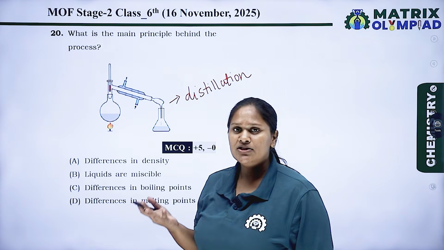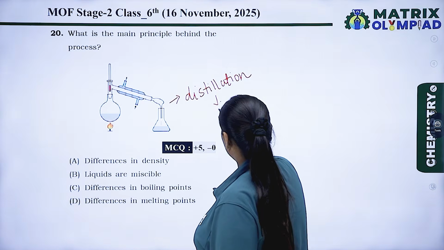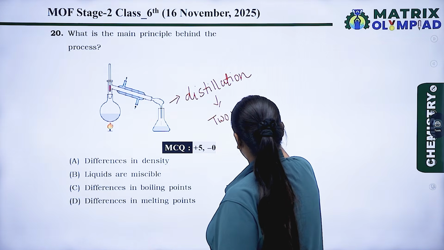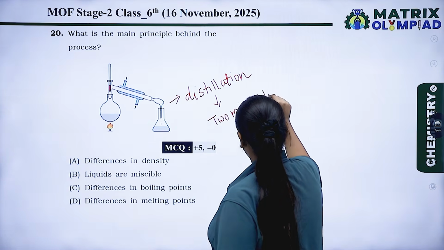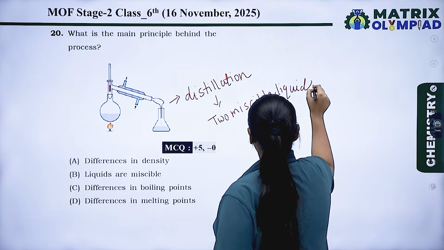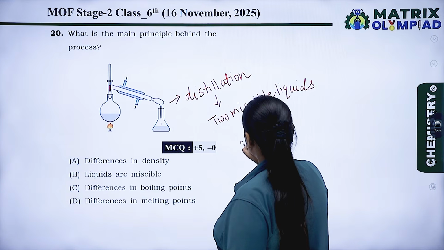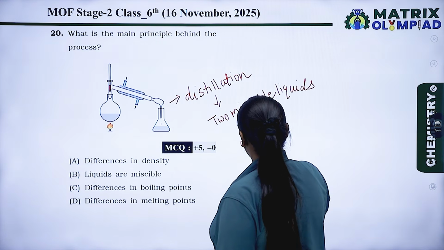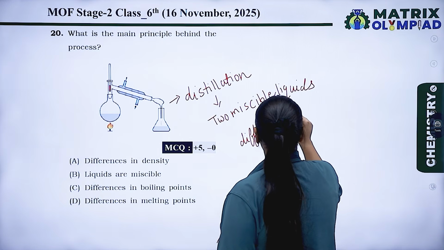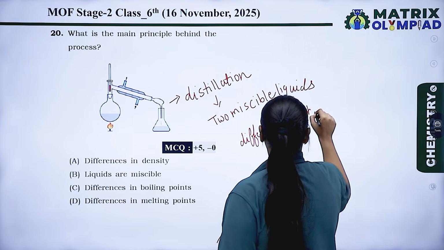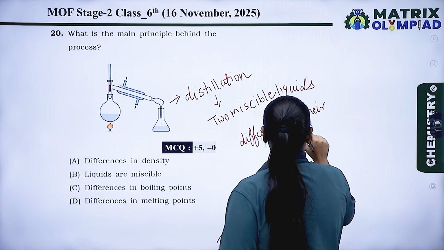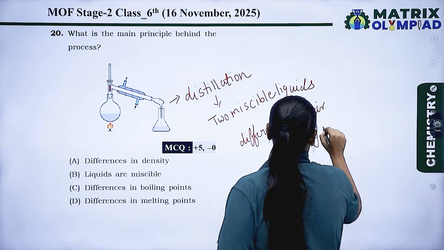Distillation is used to separate two miscible liquids, based on the difference in their boiling points.